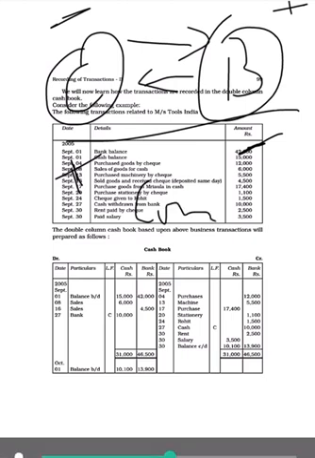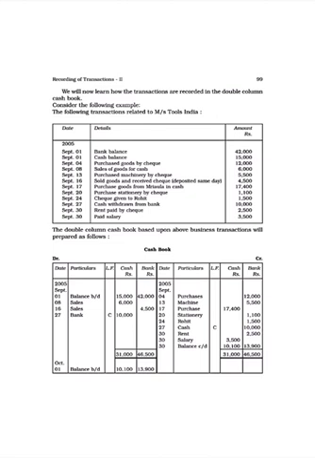Both these types of entries will be made on both sides, debit and credit. Here we can see cash withdrawn from bank. It means in the cash column the amount will be increasing, so here we will write to bank. We write C for contra entry and this 10,000 on the debit side of cash.